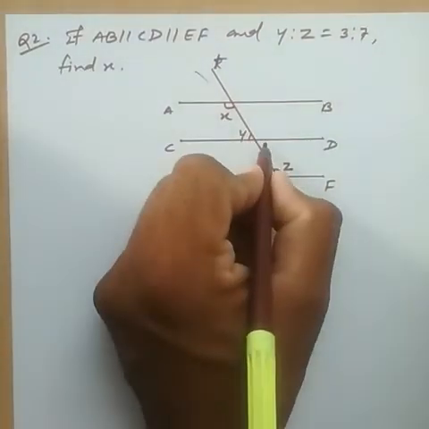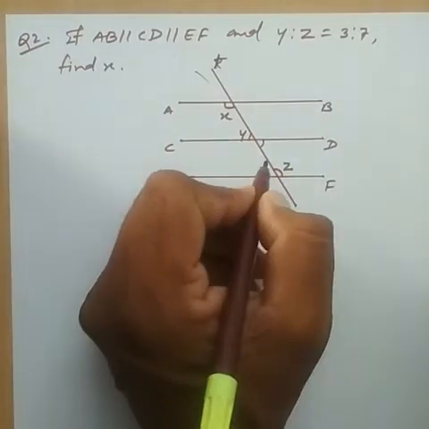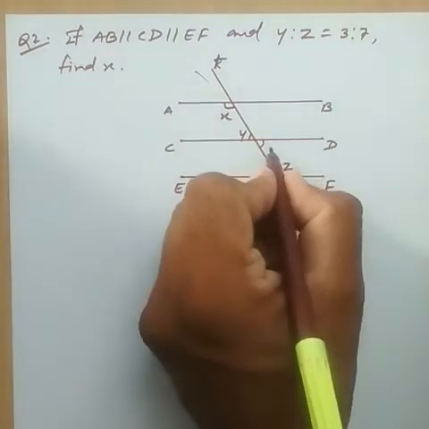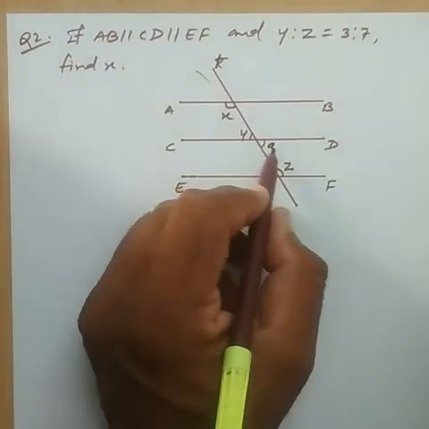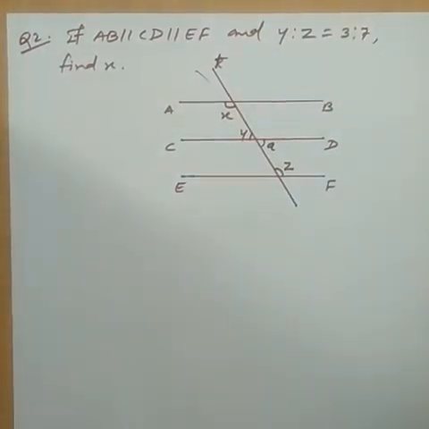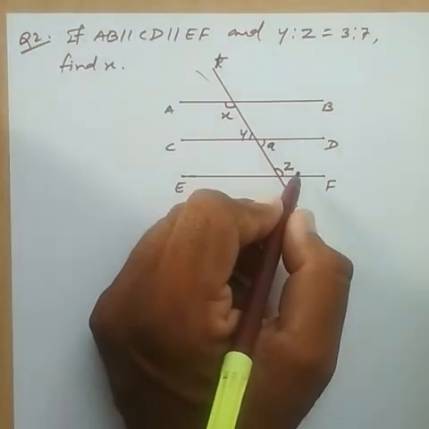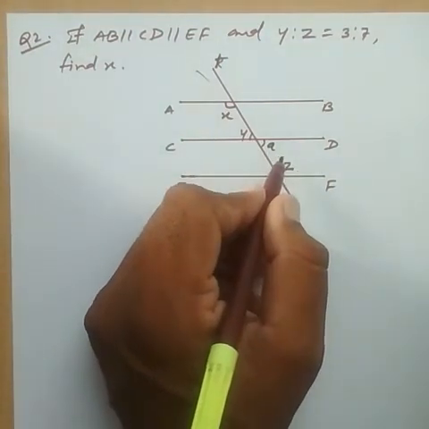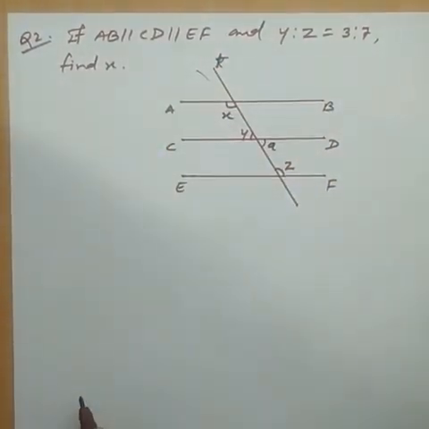Y and its opposite angle are vertically opposite angles, so we should give the name of this angle small a. So Y and A are vertically opposite angles, so these angles are equal, and again A plus Z is 180 degrees, consecutive interior angles. Then we will find the values of Y and Z because Y and Z are in the ratio.